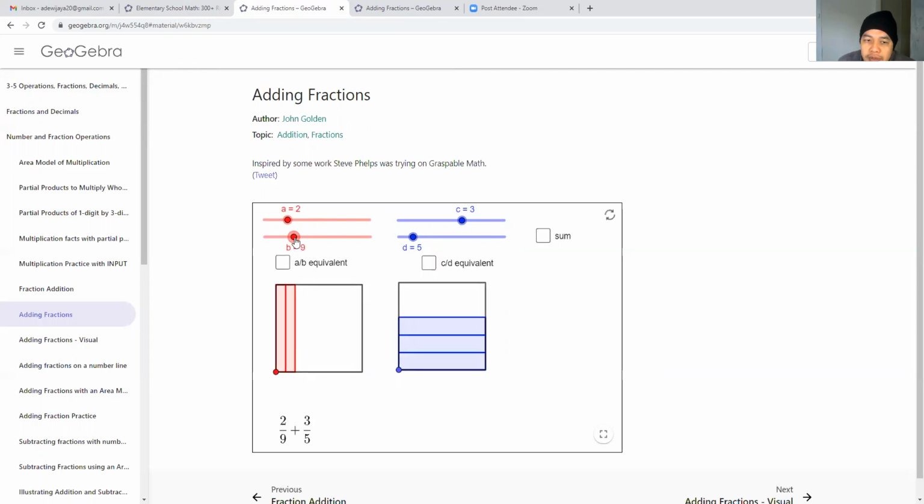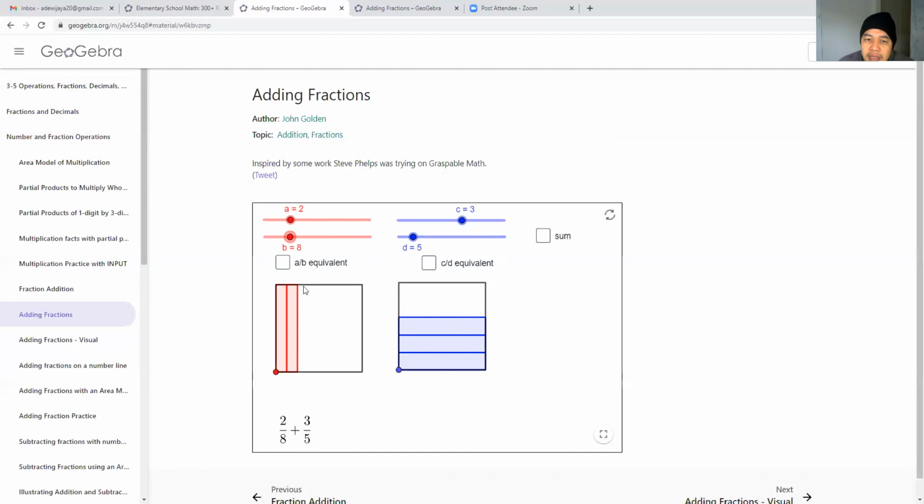If you go smaller, for example 5, you can imagine this square is divided into 5 equal sections. So this is 3, 4. Now if I want this fraction 2 on 8, this is the value of the numerator, it's 2, and this is the value of the denominator, it's 8.